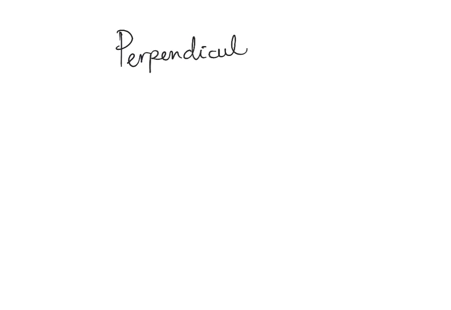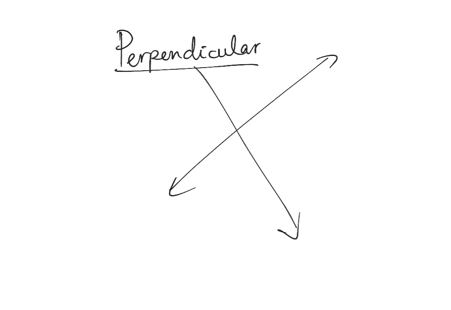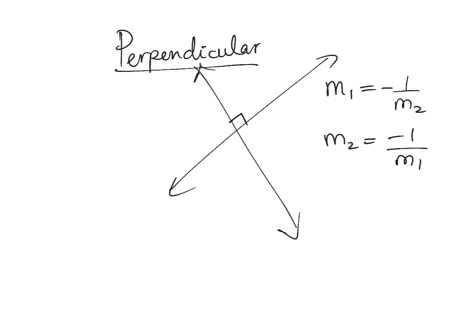What about perpendicular? If we say perpendicular, that means that the slope of the one line and the slope of the other line will form an angle of 90 degrees. That means the slope of one is equal to the negative reciprocal of the slope of the other one. And I can write it in either way. The other way you can think of it is if you multiply their slopes together, you get a negative 1.